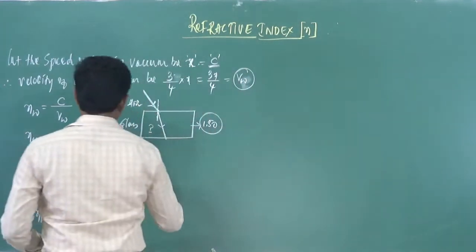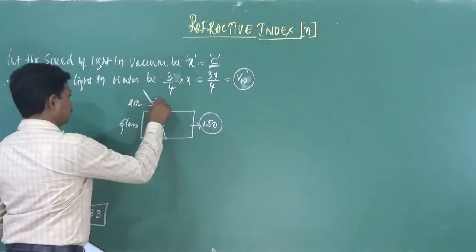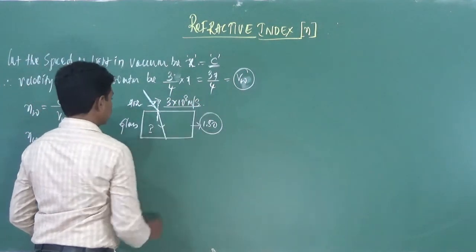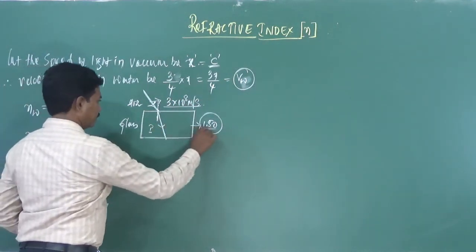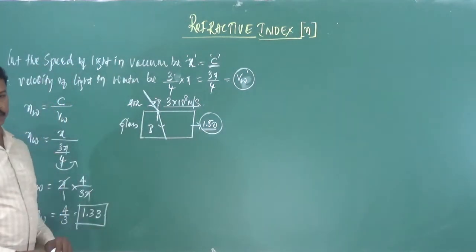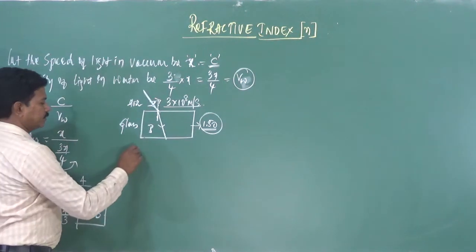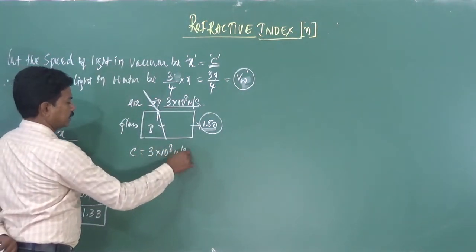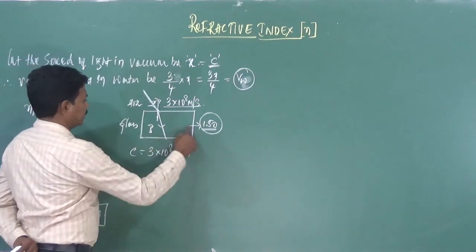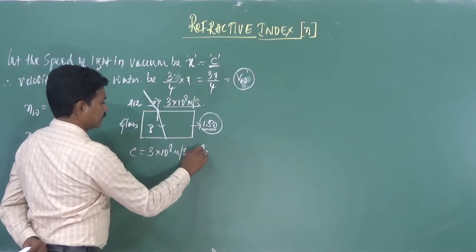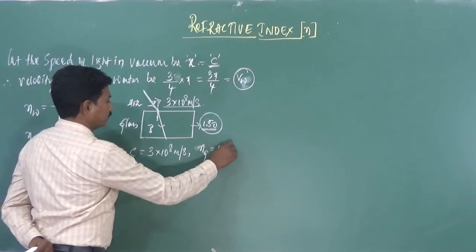So the velocity of light in air is 3 into 10 to the power 8 meter per second, and the refractive index of glass is 1.50. You have to find the speed of light in glass. We are given C is equal to 3 into 10 to the power 8 meter per second, and Ng, the refractive index of glass, is 1.50.